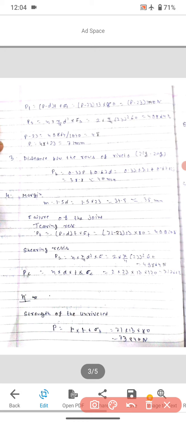Similarly, for the Ps value, Ps is equal to n multiplied by pi by 4 d square into tau, the shear stress value, and from here you may find the value of Ps will be 49864 Newton, that is the shearing resistance value.